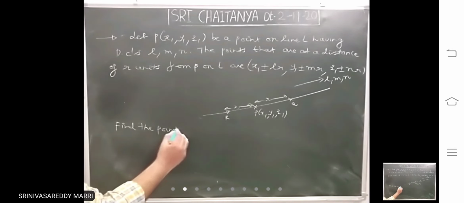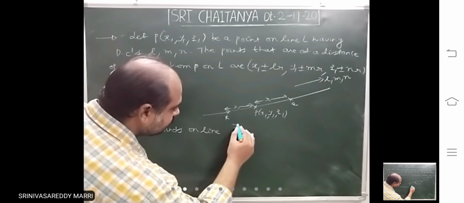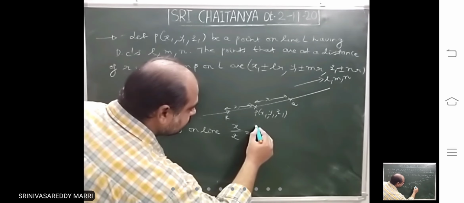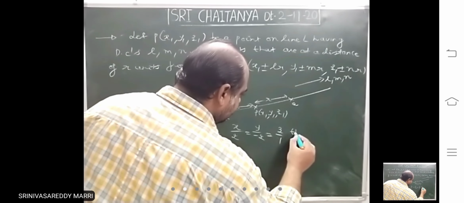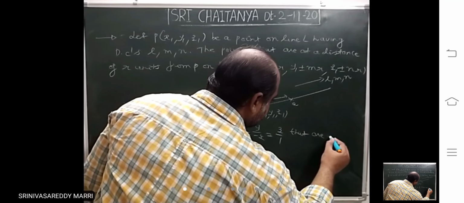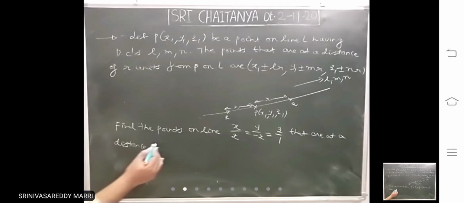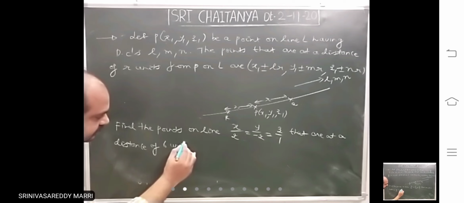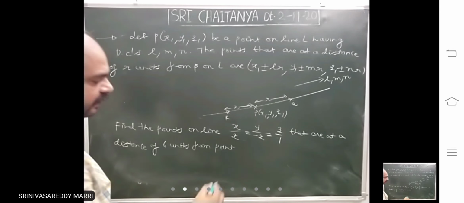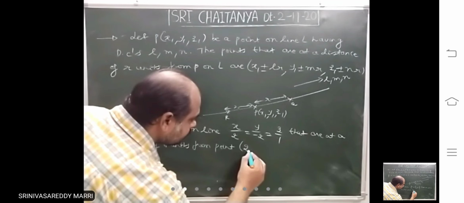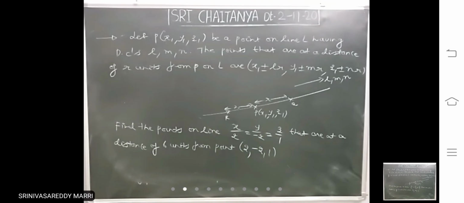Find the points on the line x by 2 equals y by minus 2 equals z by 1 that are at a distance of 6 units from the point (2, minus 2, 1).